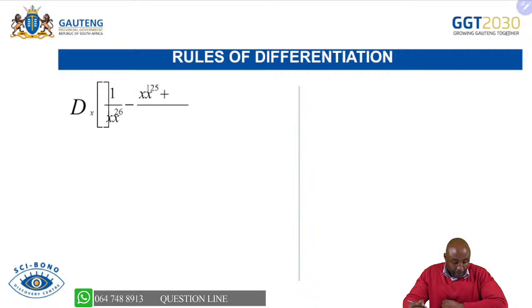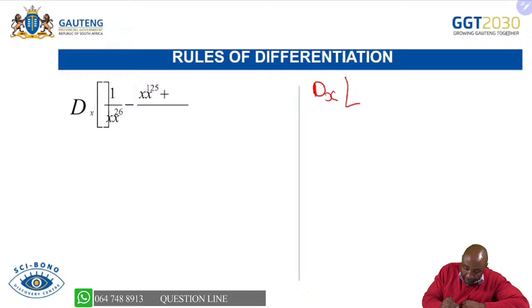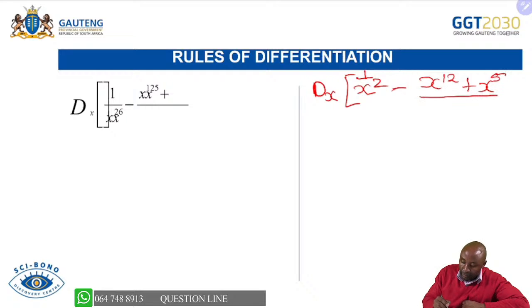Now, let me write it down. The expression is, you have to find the derivative of f of x, given that we have 1 over x squared minus x to the power 12 plus x to the power 5 over x to the power 6.